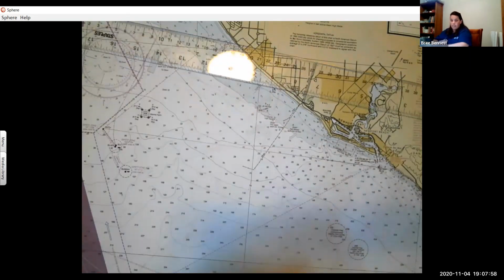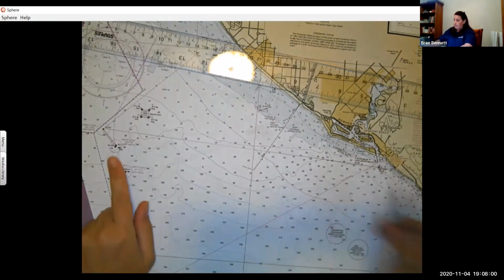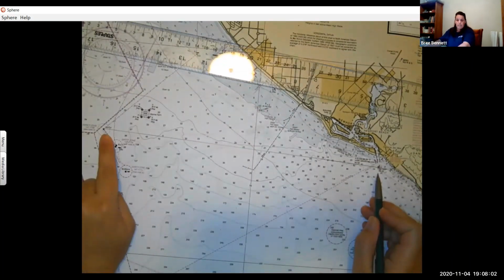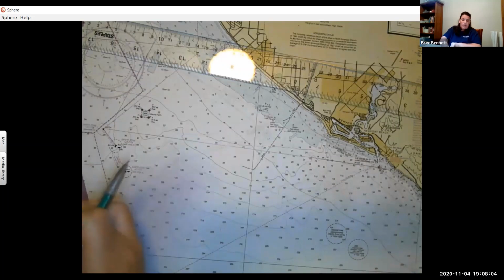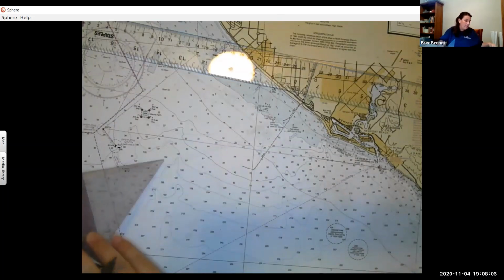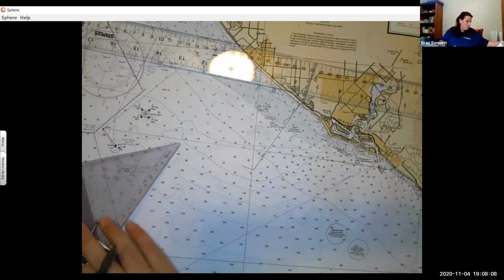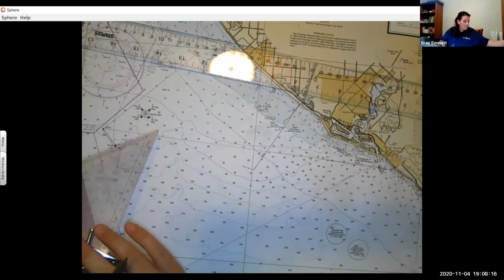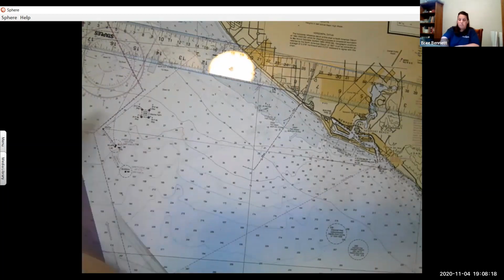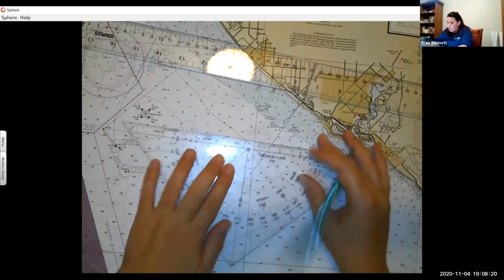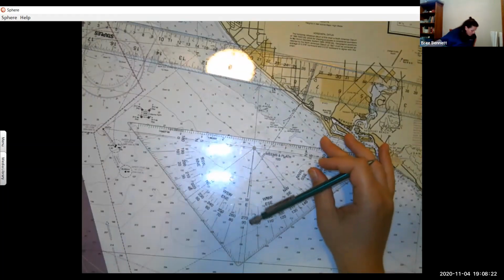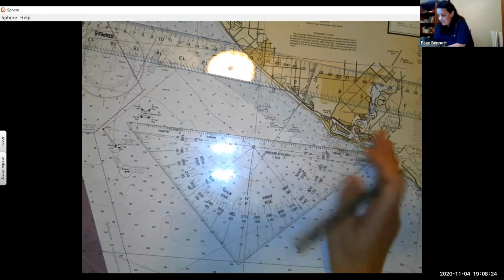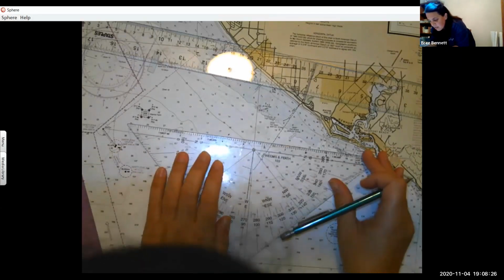All right, I think that's a dark enough line. So I went from NWP to Edith and drew my line. Then I want to write in my course, my distance, my ETA, etc. My course, I'm going to have to stand up, I can't read this.